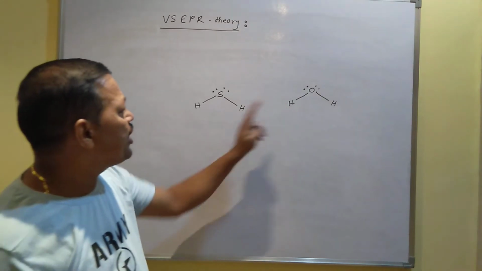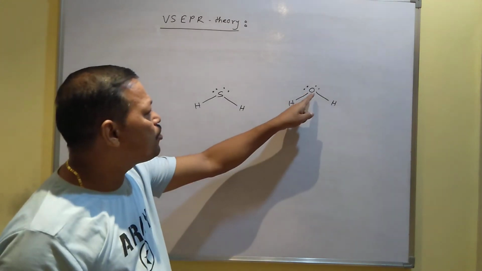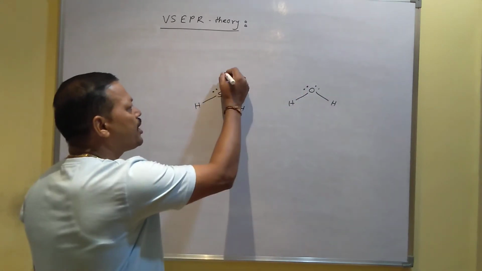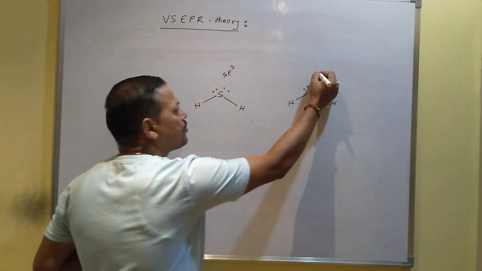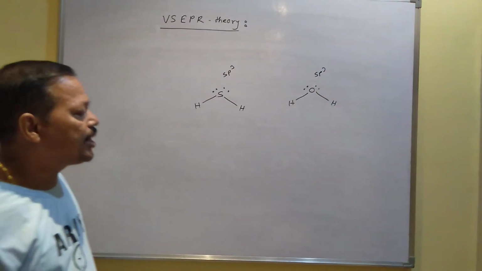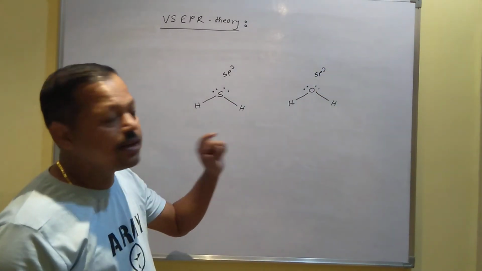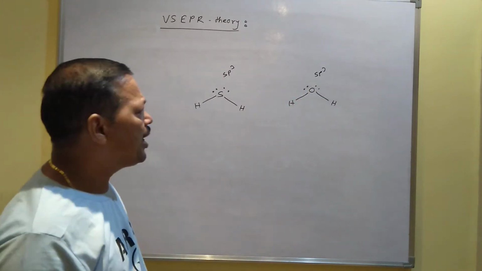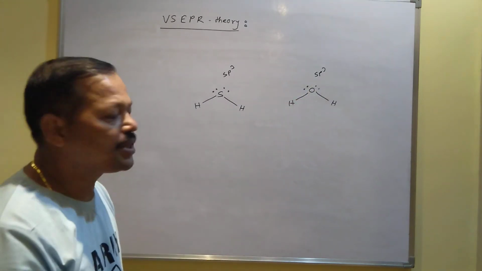In both water and H2S, the central atoms oxygen and sulfur undergo sp3 hybridization. sp3 hybridization produces a tetrahedral shape, but here you don't get the tetrahedral shape due to the presence of lone pairs, and that's why it adopts the bent shape.